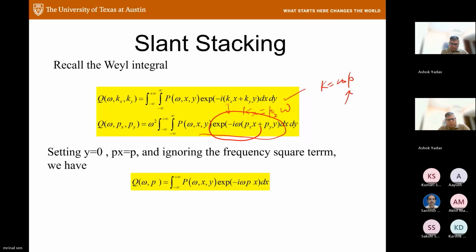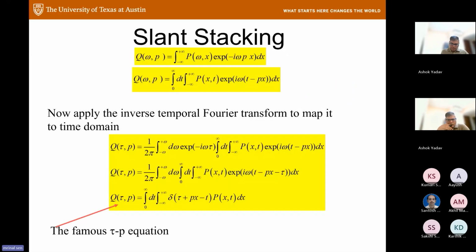In 2D, let's say you have data only along the x direction, you can set y equal to 0, and this gives you this particular integral. If you take this and apply Fourier transform, at the end what you get is t minus px minus tau. That basically gives you an equation in tau, px, and t.